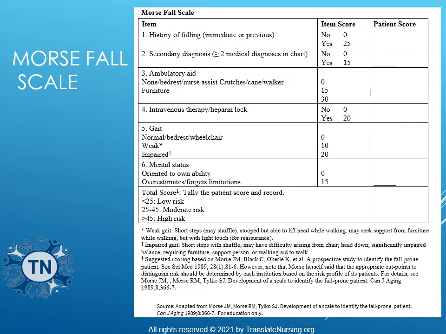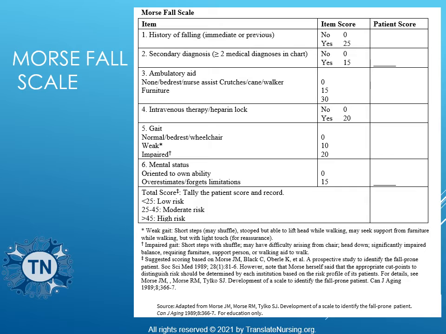If the patient is using any ambulatory aids such as crutches, a walker, furniture, anything like that, it's counted as 0, 15, or 30. Intravenous therapy, such as an IV or even a heparin lock, is usually positive, so we're adding 20 points here.